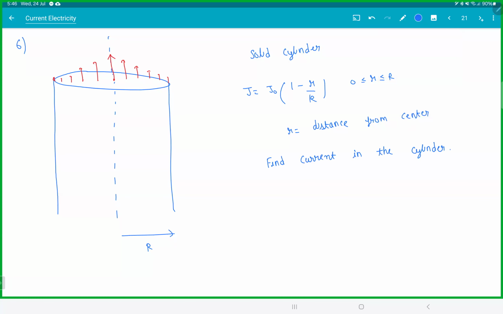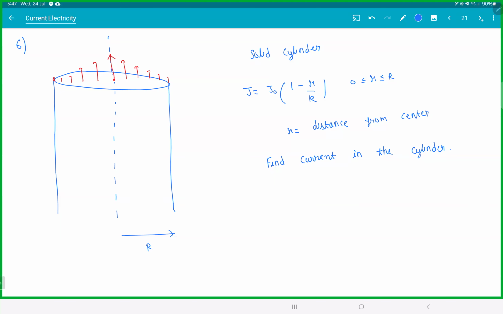Let's get this. Any answers? Pi J naught R square by 3.